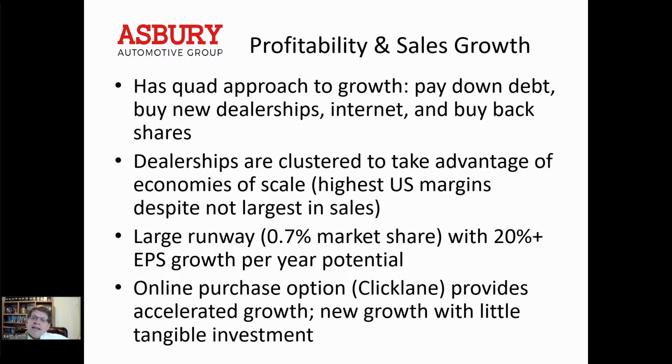As a testament of how they've been willing to adapt to this, they had a previous automated system in their dealerships that they used to schedule service appointments. They found that system would not support an online-only purchase option. So they scrapped the whole system and put in a brand new system that basically allows people to do things online.